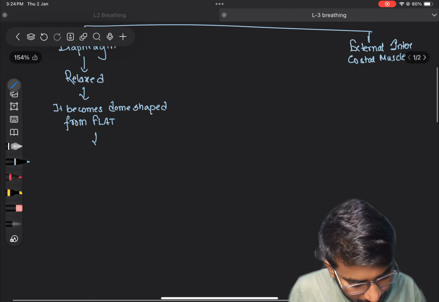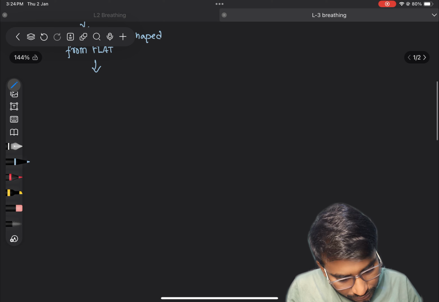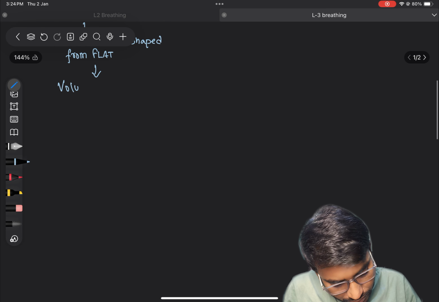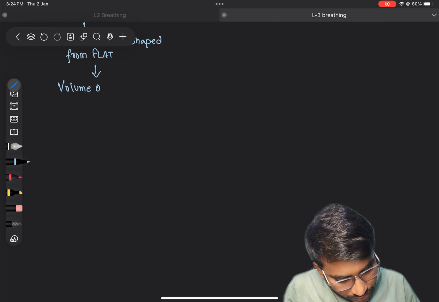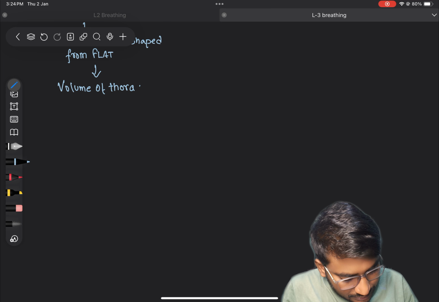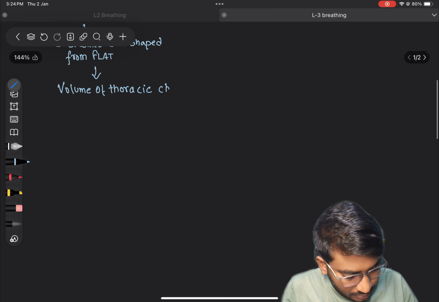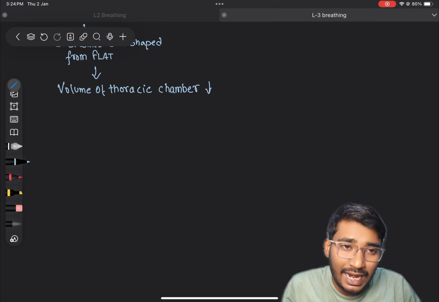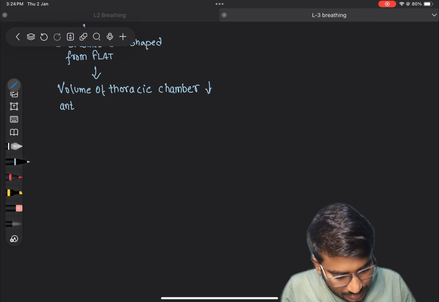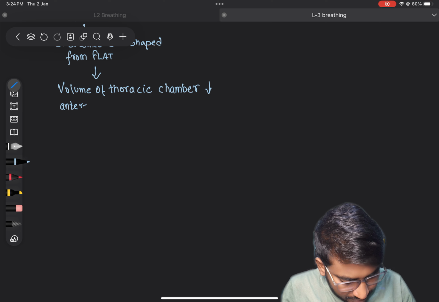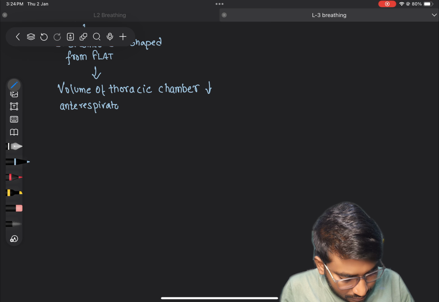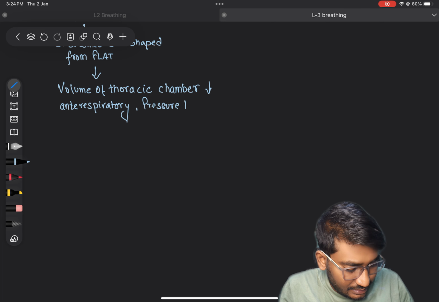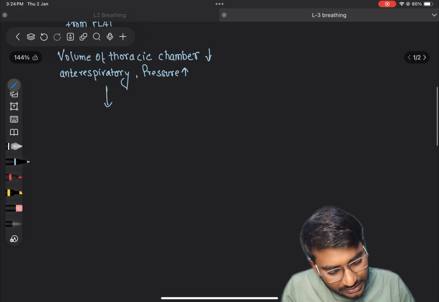Now the volume of the thoracic chamber in the anteroposterior axis decreases and the pressure in the thoracic chamber gets increased.